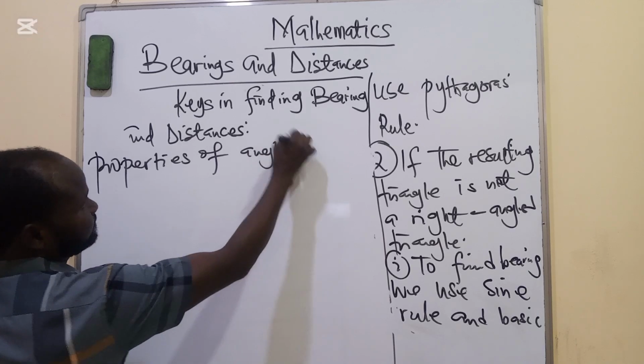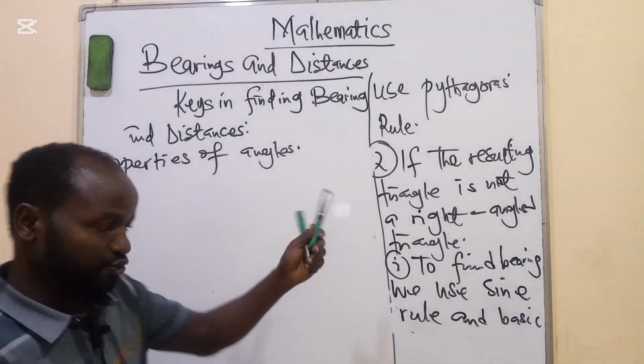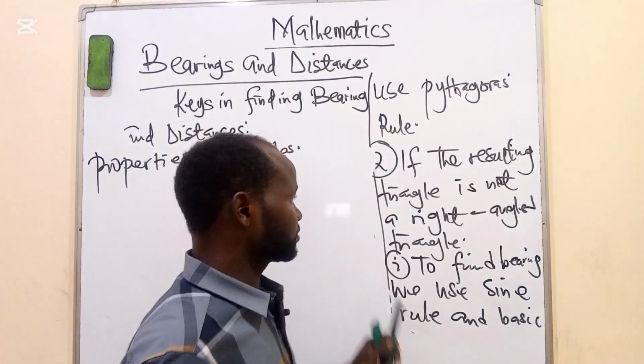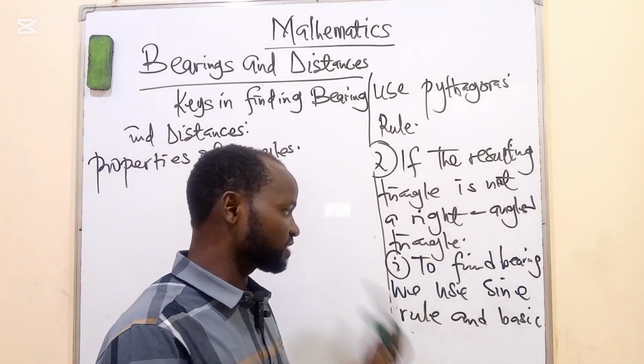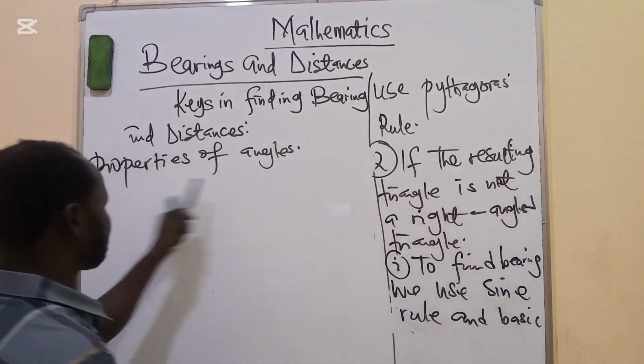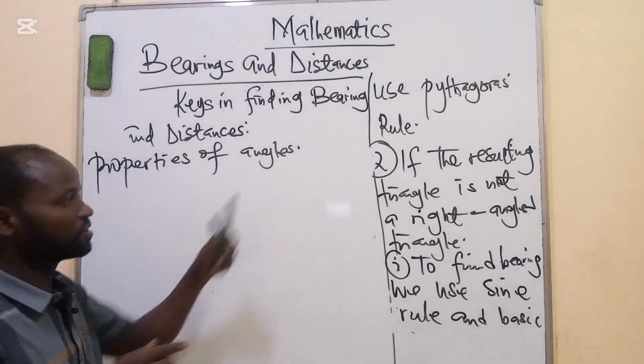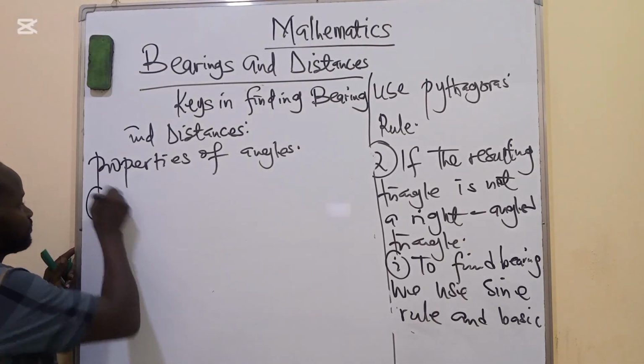Let me repeat it again. If the resulting triangle is not a right angle triangle, to find bearing, we use sine rule and basic properties of angles.